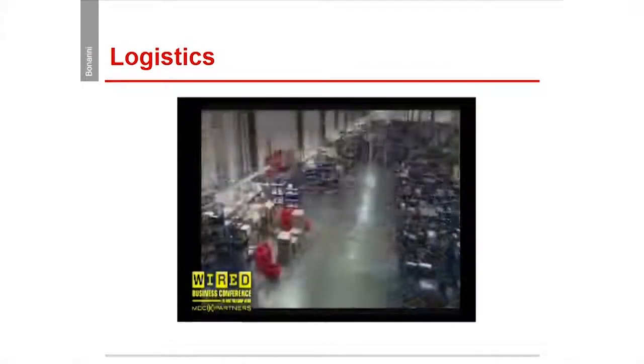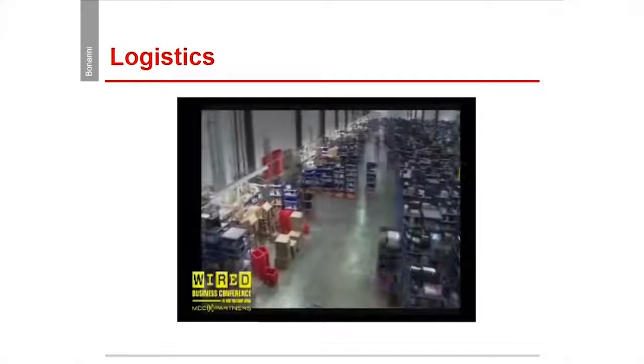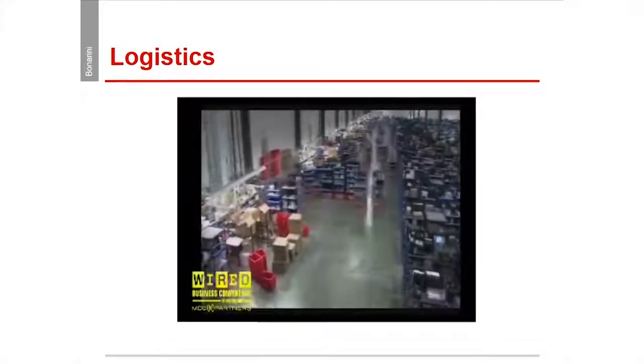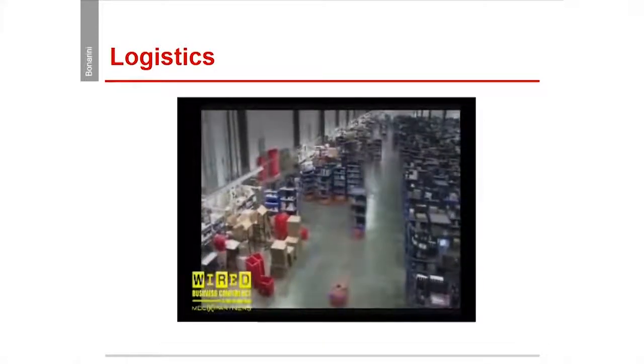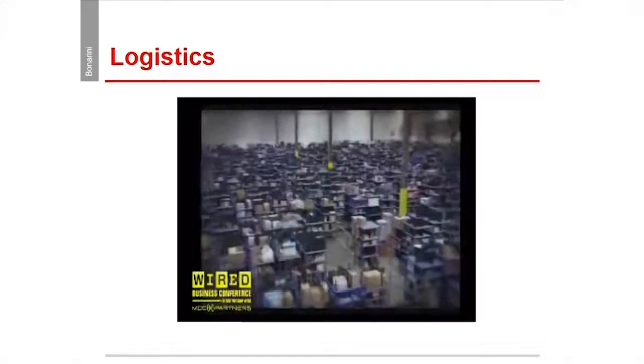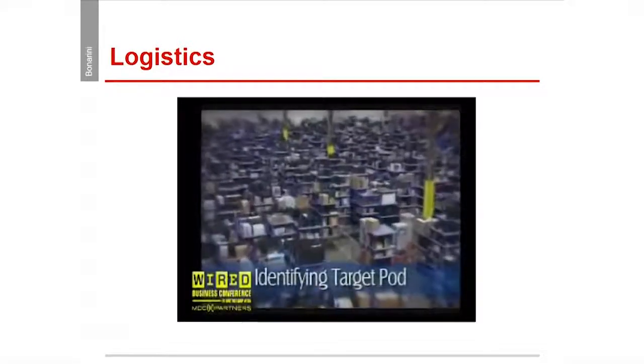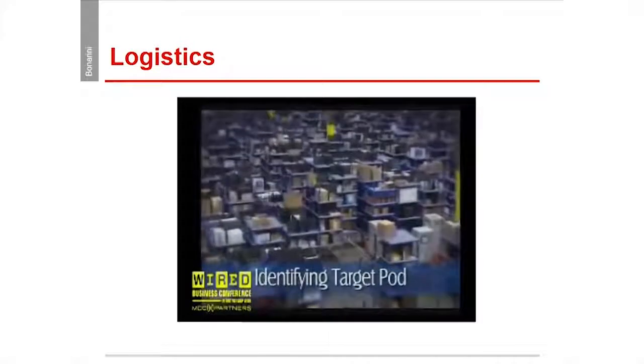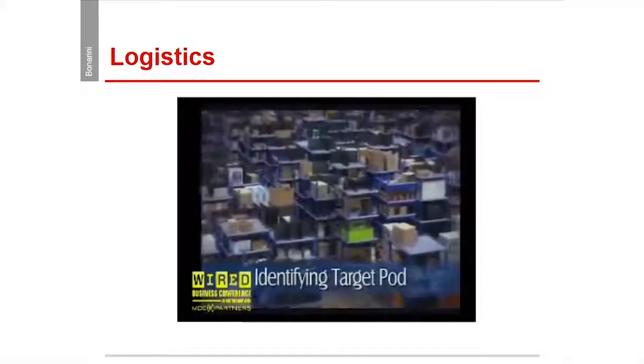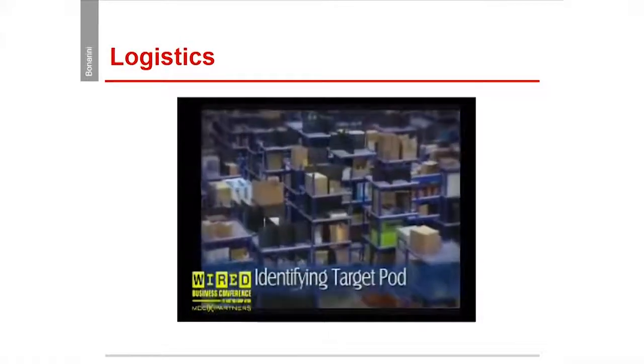Sorry, that's not so clear. It's the storage for Amazon. Amazon bought a company for $700 million.